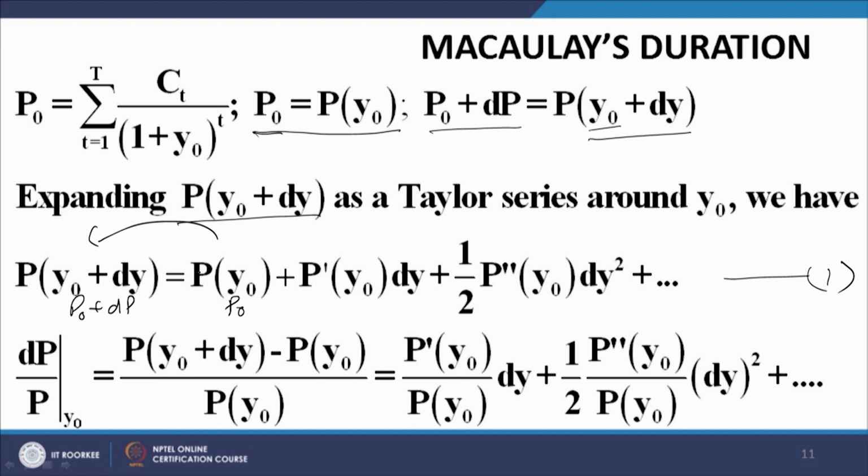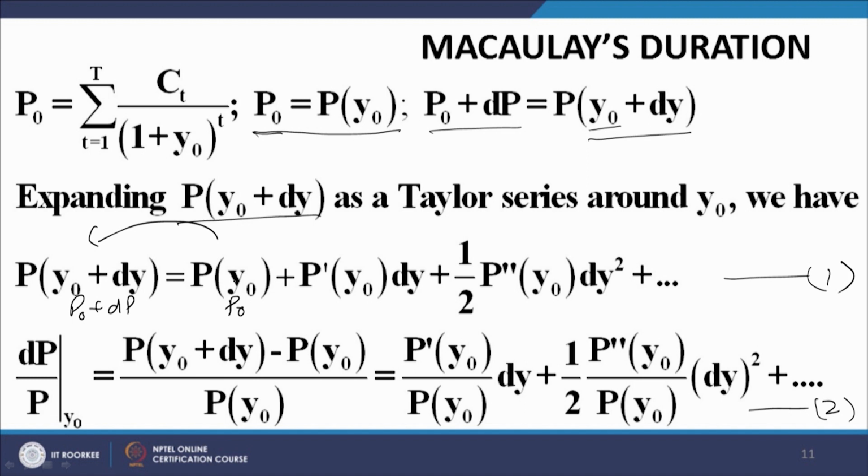So, we take this to the left and divide throughout by P0, and we end up with dP upon P at the point y equal to Y0, which is given by equation number 2.